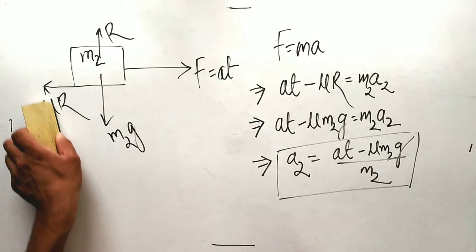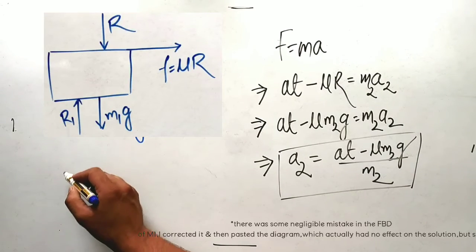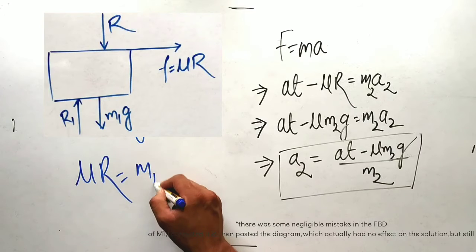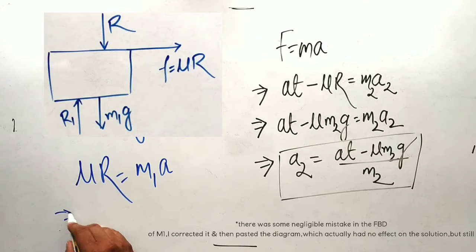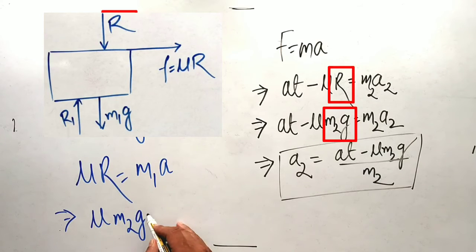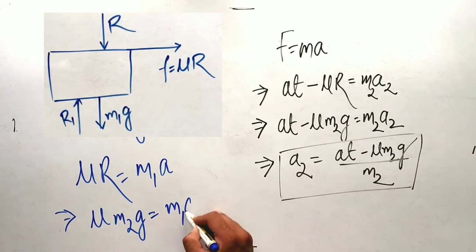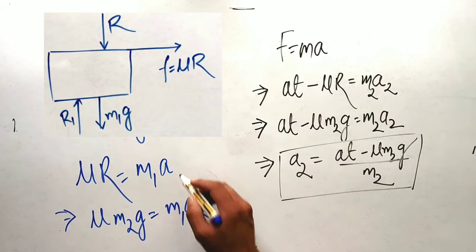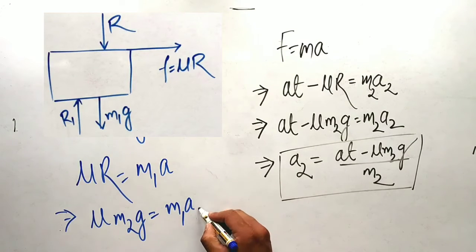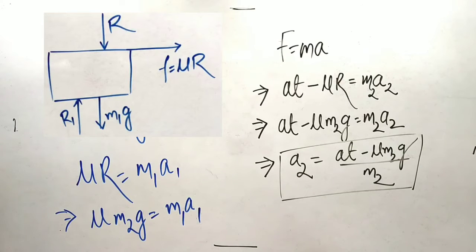We'll come to m1, which is going to look like mu R equals m1 A1, where R was equal to m2 g.